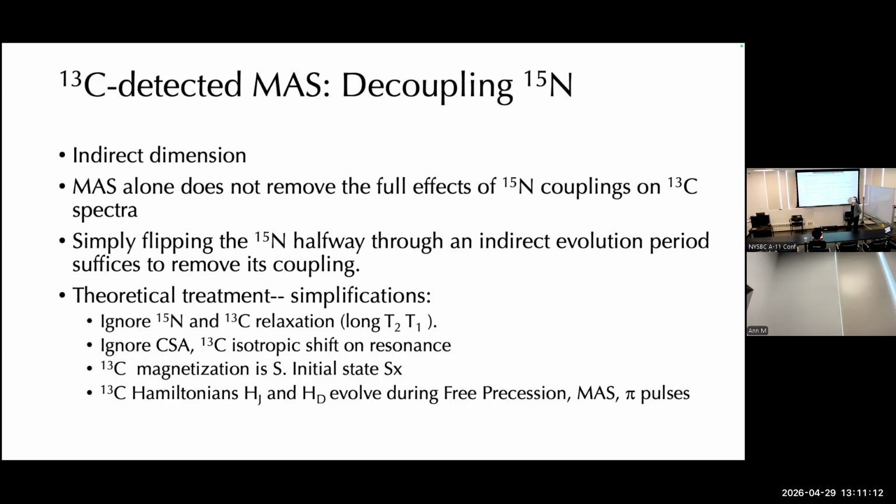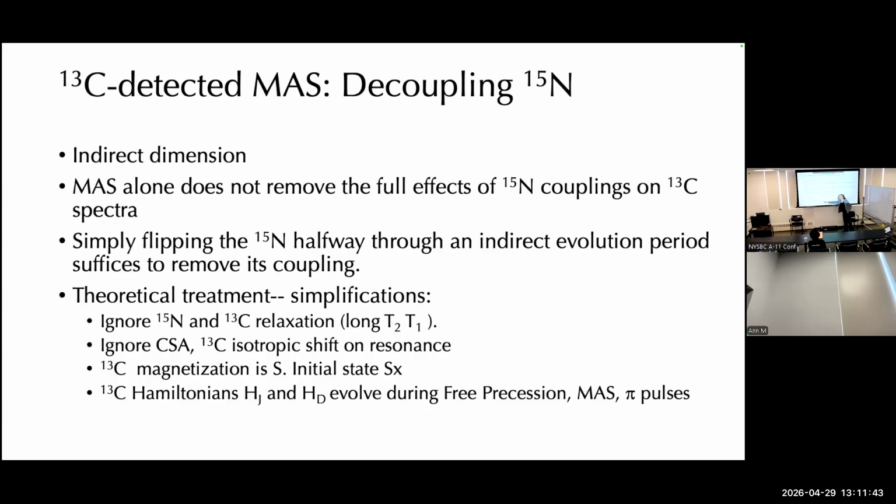I did this part hastily, mostly in the wee hours between yesterday and today. I think it's consistent now that throughout, when I talk about carbon-13, I'll call it S. And the thing I'm trying to decouple from it, if it has a name, it will be I. I hope it's consistent. And the initial state that I'm thinking about will be Sx, so I've already gotten it into the XY plane somehow.